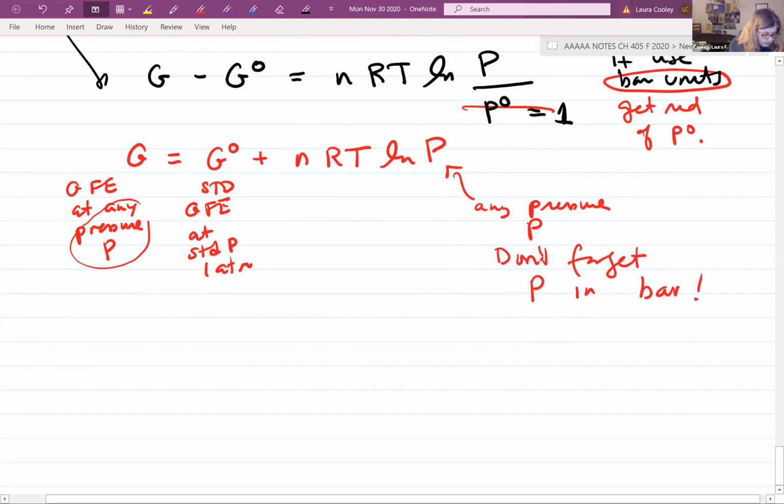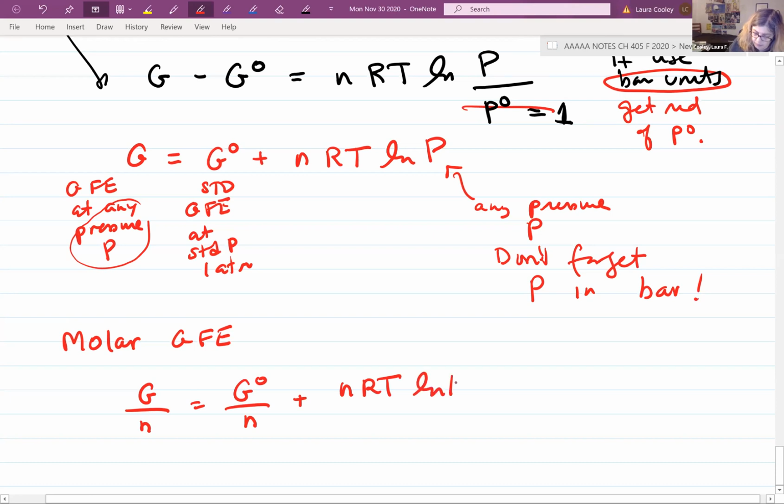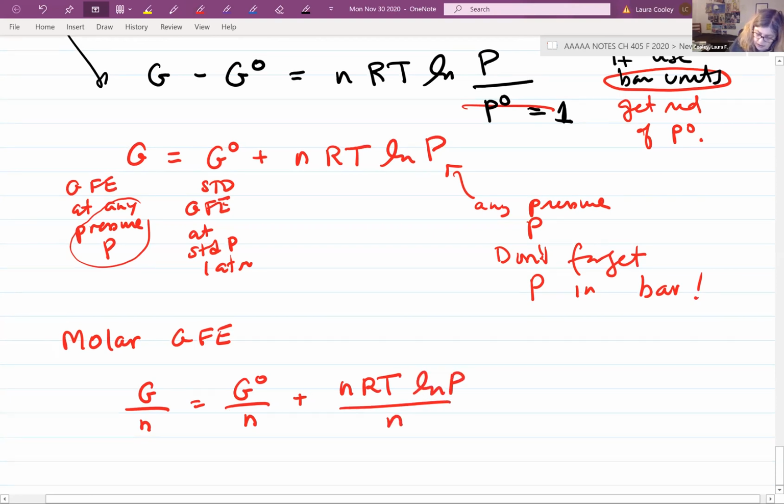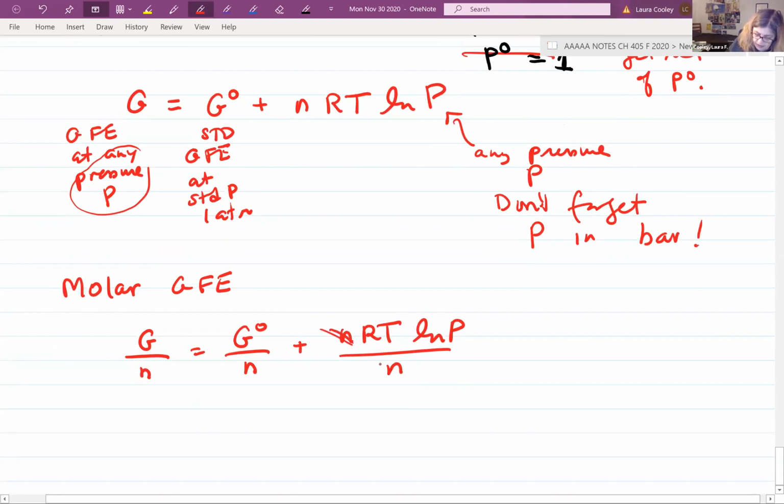So now when we go to look at the molar Gibbs free energy, we're going to divide by n. And you could see that the n's here are going to cancel out.